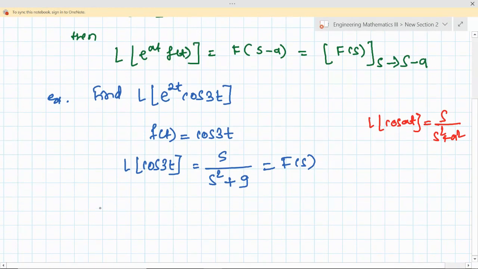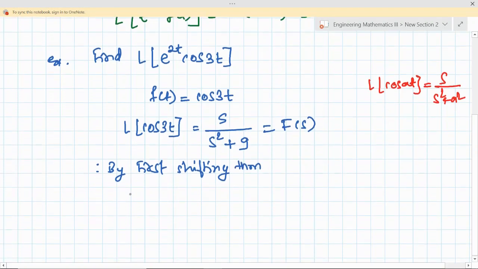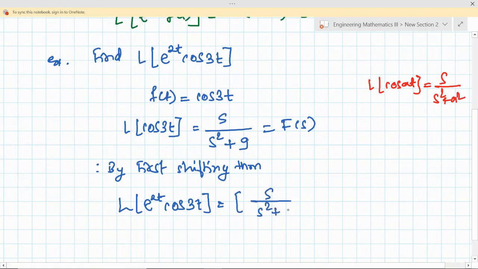Now, by the first shifting theorem, the Laplace transform of e raised to 2t into cos of 3t is equal to, whatever the F of s we have, s upon s square plus 9, where we replace s by s minus 2.